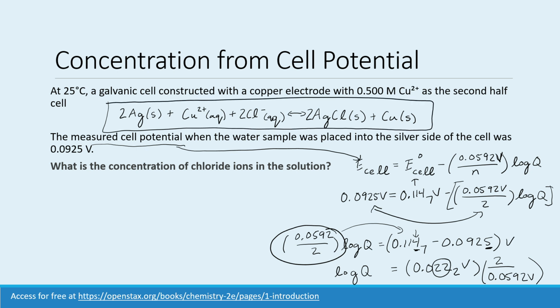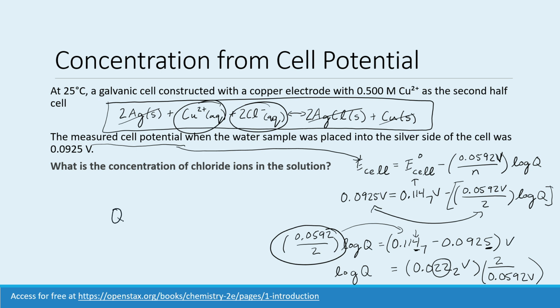And so just going back for a second here, looking at that entire reaction, on the product side we've got nothing but solids, and so those solids, remember, those aren't included in your Q, your reaction quotient expression. So all those solids cancel, and the only thing we've got are those two reactants, the copper 2+ ion and the 2 chloride ions.